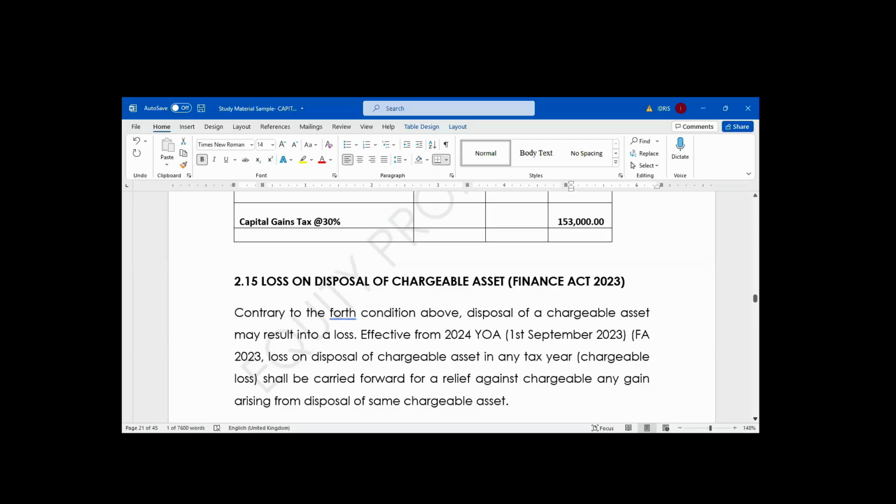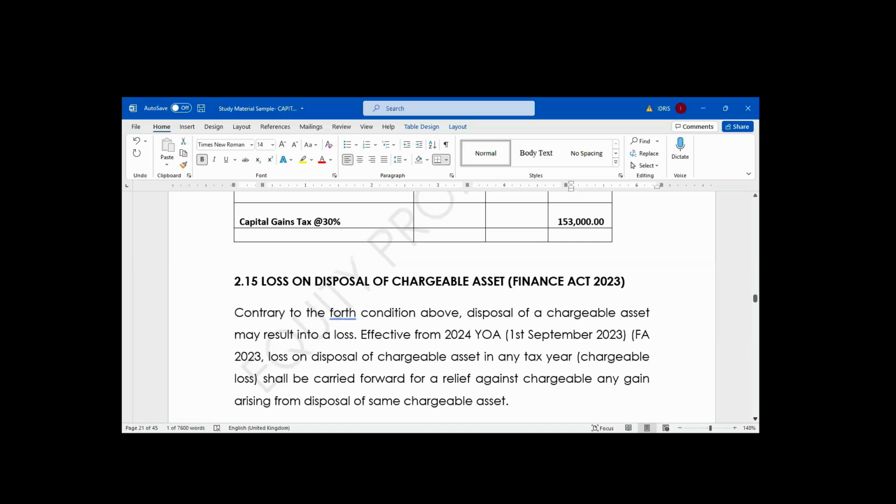Within that 5 years, if you now dispose of another motor vehicle, you make a gain. Do you understand? Before you pay capital gain tax on that gain, you will relieve the loss that you made in the previous year from such gain.